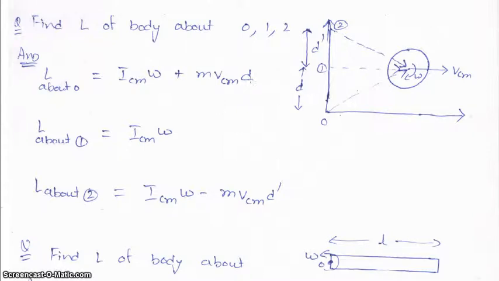About point 1, this term will be 0 because the angle between r vector and p vector is 0. About point 2, r perpendicular will be d dash, but the angular momentum due to omega and the angular momentum due to r cross p will be in opposite direction, so we have to place a negative sign over here as we did earlier in the example.